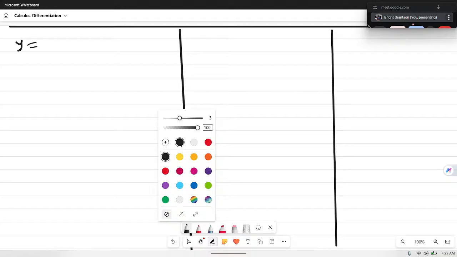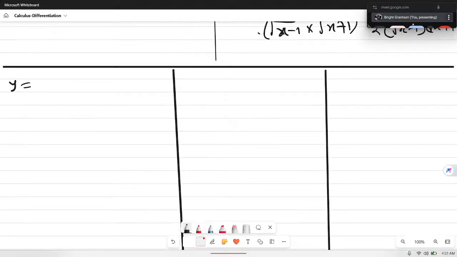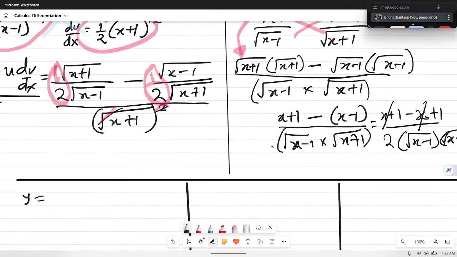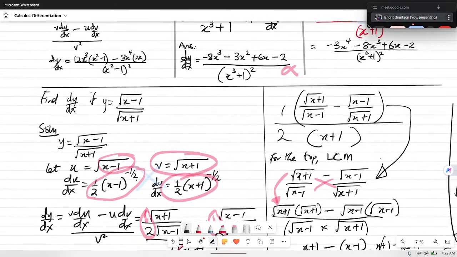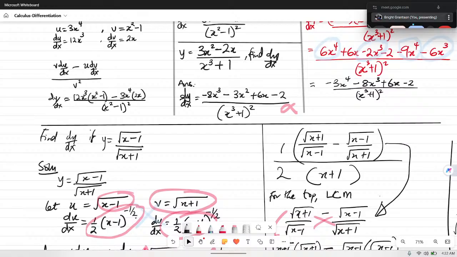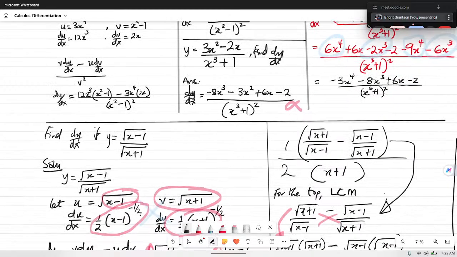y equals 3x squared or something. Then 3x exponent 4. Let's do 3x squared.